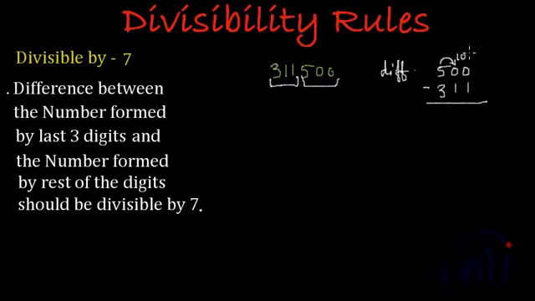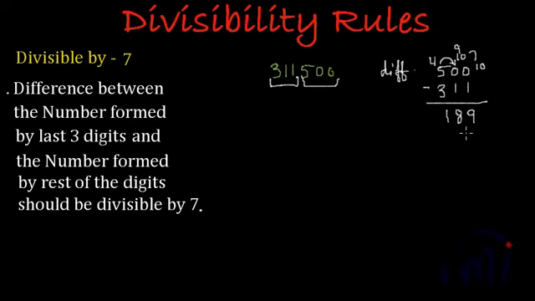And now I can borrow 1 from here, and this will become 10, and this 10 will become 9, and this 5 will become 4. Now we can perform the subtraction. So 10 minus 1 is 9, 9 minus 1 is 8, 4 minus 3 is 1, right? So we have got 189 as the difference.